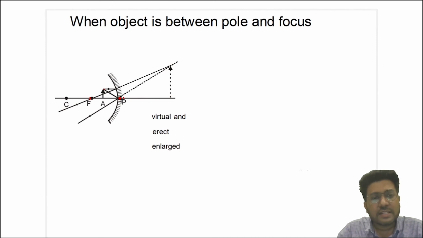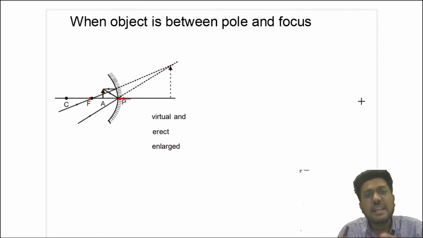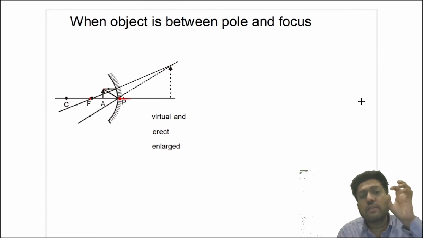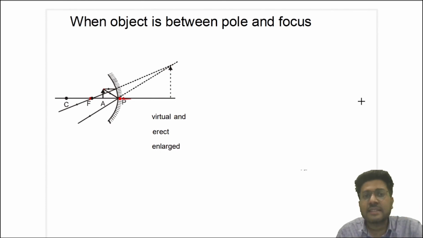Okay, so when object is anywhere between pole and infinity behind, image is always real, erect and diminished, right? For virtual object real image is always erect, okay, and image is diminished. That means for virtual object a concave mirror cannot magnify a virtual object, okay, it can only decrease the size, not increase the size, right?